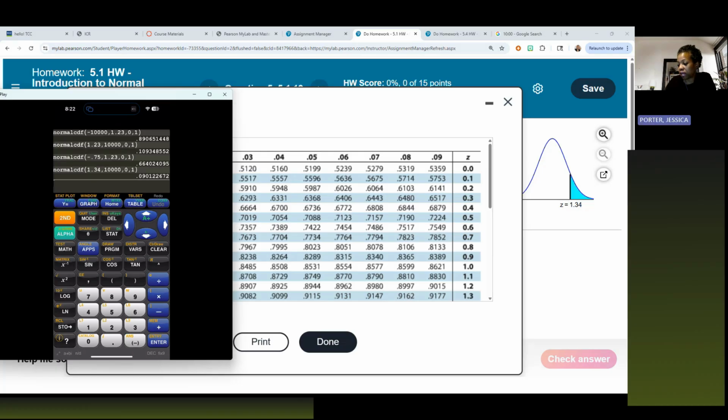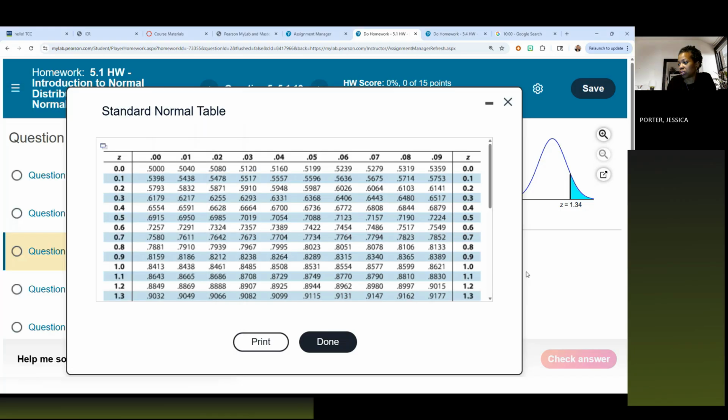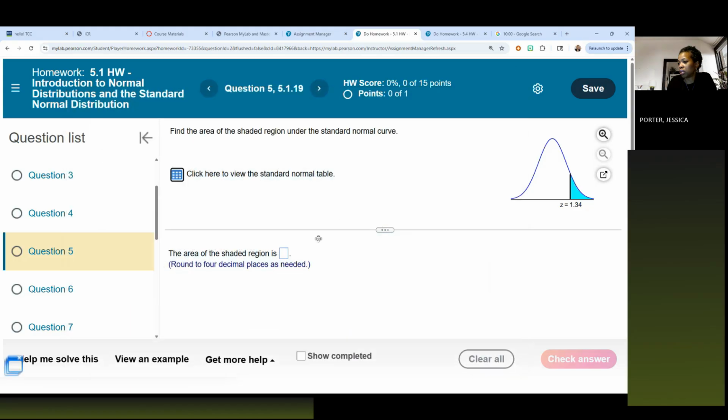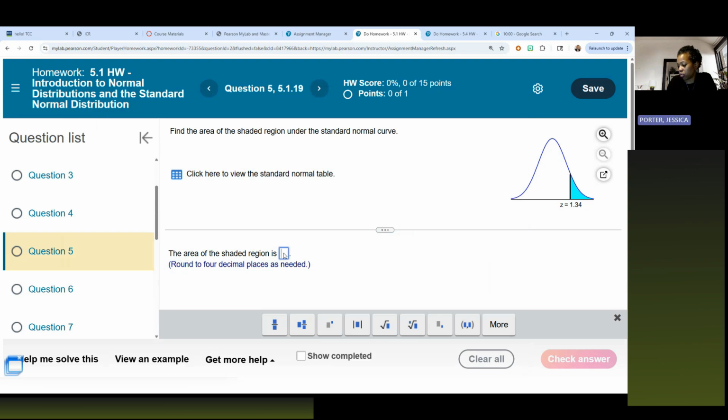And I get 0.090122. Round to 4 decimal places, 0.0901.